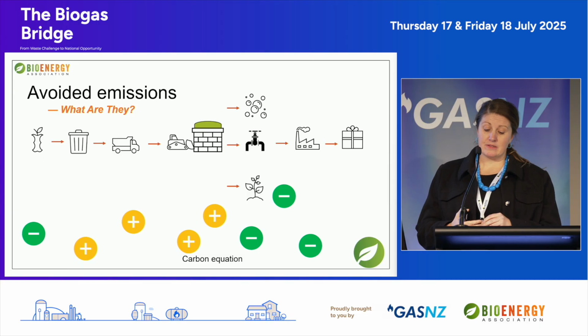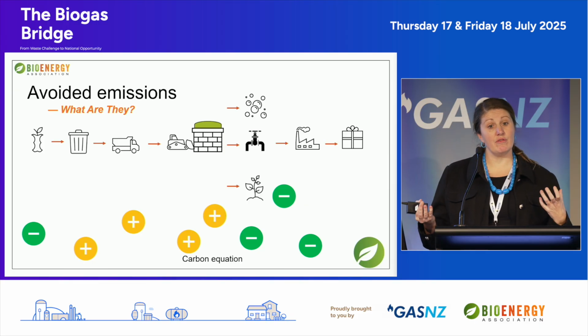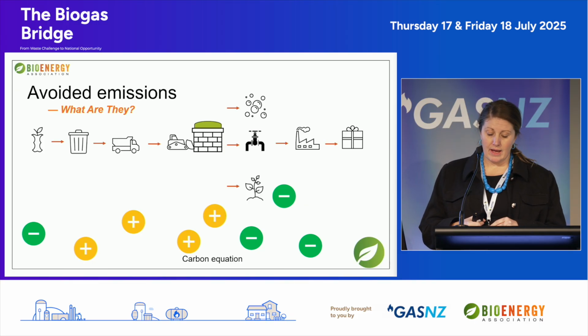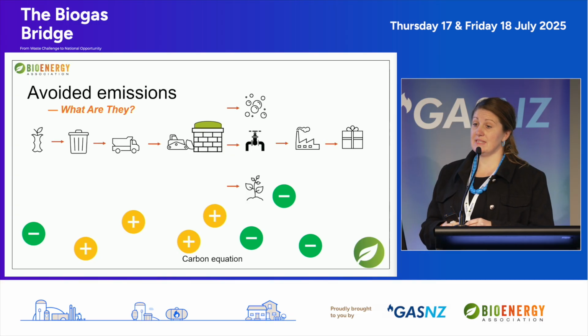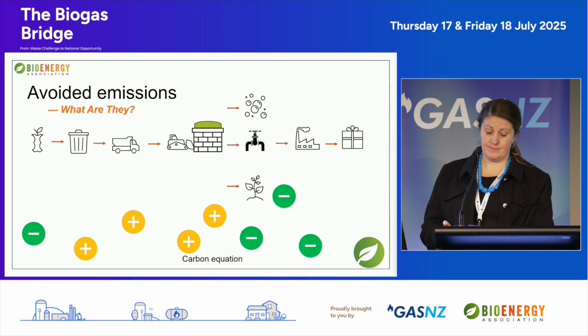So these include things like the use of biomethane versus fossil gas, so you're avoiding the emissions from burning the fossil gas, or you're avoiding the emissions of utilising synthetic fertilisers versus biodigesters.